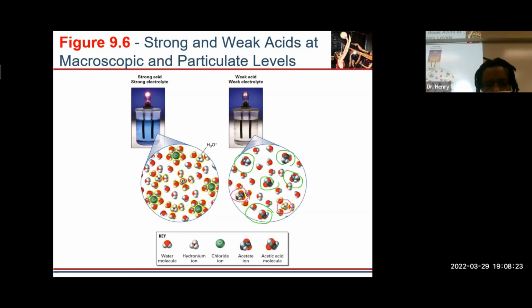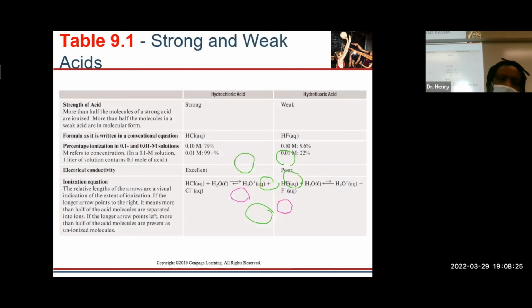Okay, so let's talk shop here. We have hydrofluoric acid and we have hydrochloric acid. Hydrofluoric acid is a weak acid. Hydrochloric acid is a strong acid. So what do you think is happening in the case of hydrochloric acid? Are we going to get total ionization, separating completely?